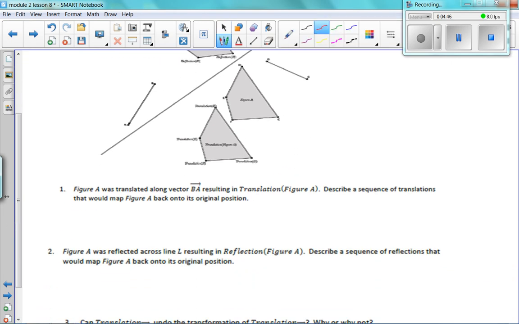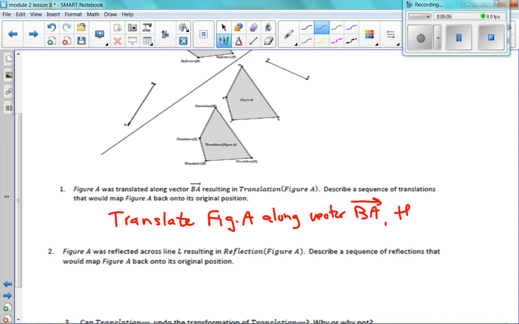So we would have to translate figure A along vector BA, then translate the image, let's call it A prime, along vector AB.